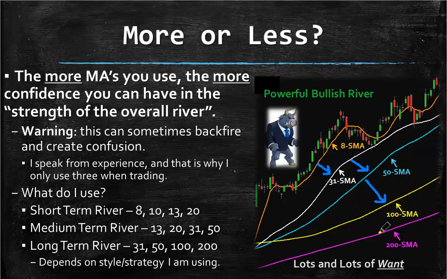The 100, smaller than 200, is above 200. So in other words, there is lots and lots of bullishness in this chart. This is a very powerful bullish river. You have all your moving averages with nice separation between them, and all the smaller ones are above the bigger number ones. So, a very nice looking chart.